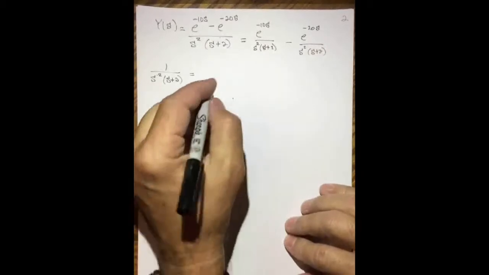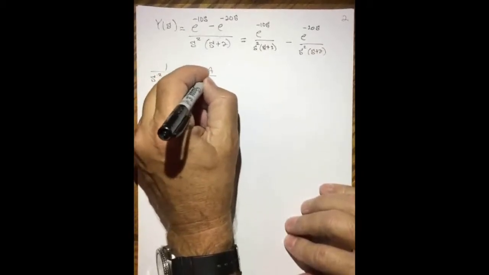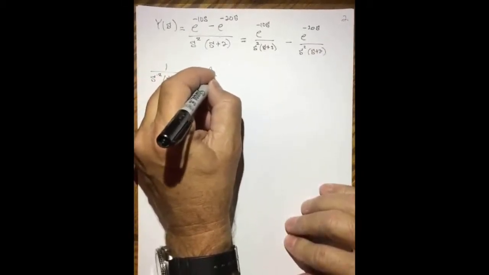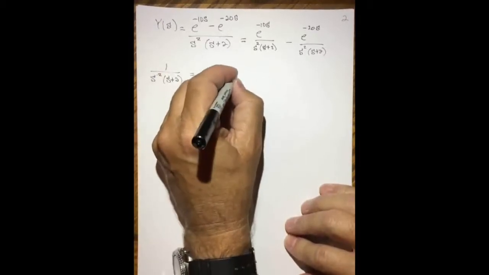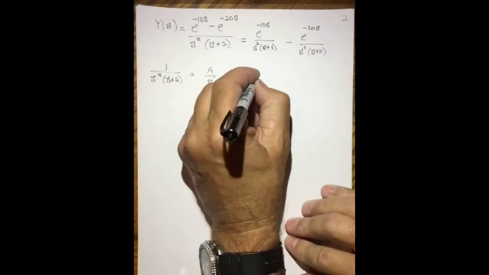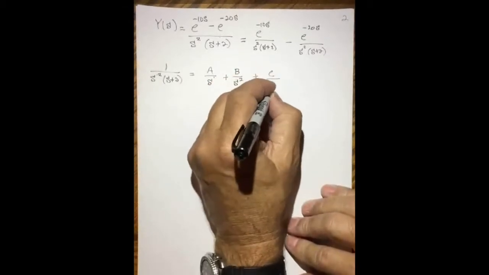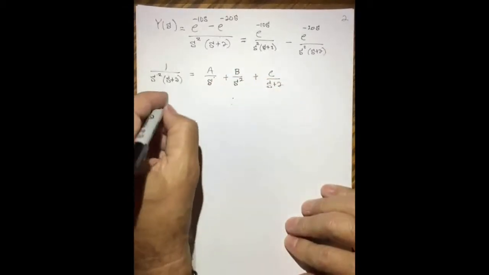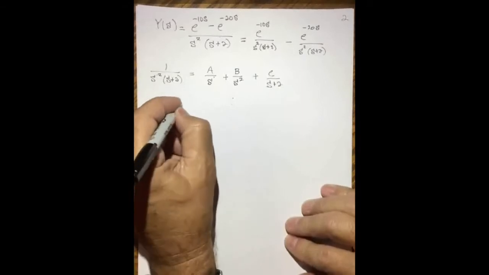Now, let's do a partial fraction decomposition. We all know by now how this is going to play out. And we get our common denominator like we always do.